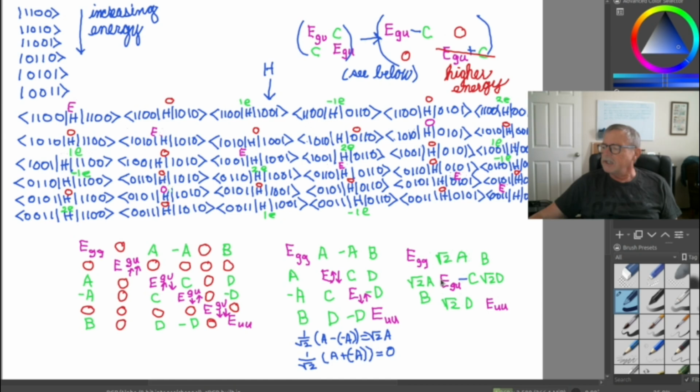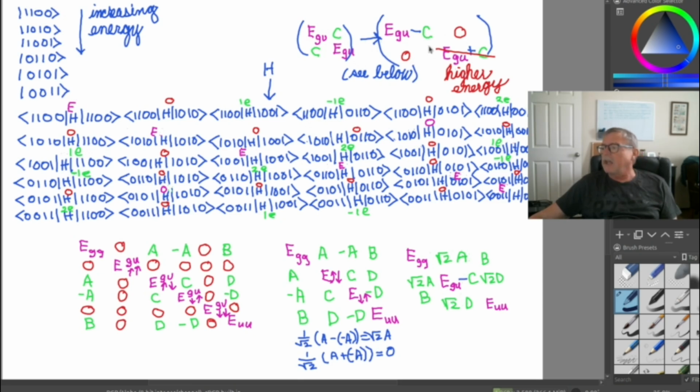And what is this? EGU minus C. Well, you've got to go all the way up the page, and here's those 4 elements that we crunch down to EGU minus C, and the same thing occurs. We've got an EGU minus C.